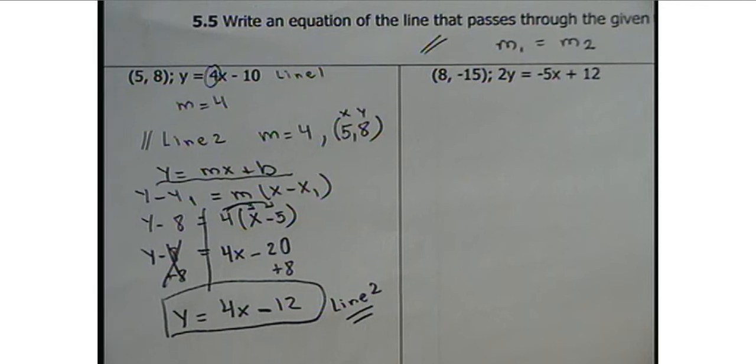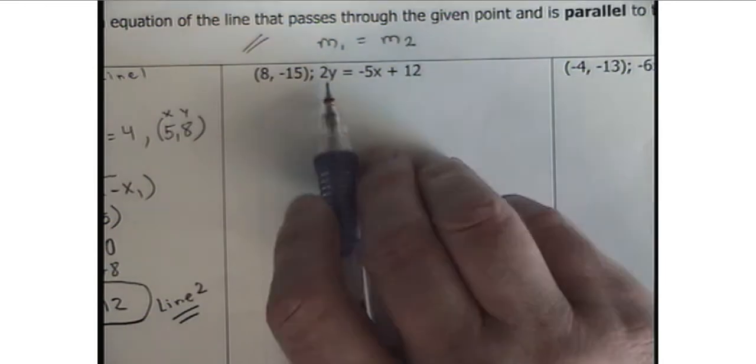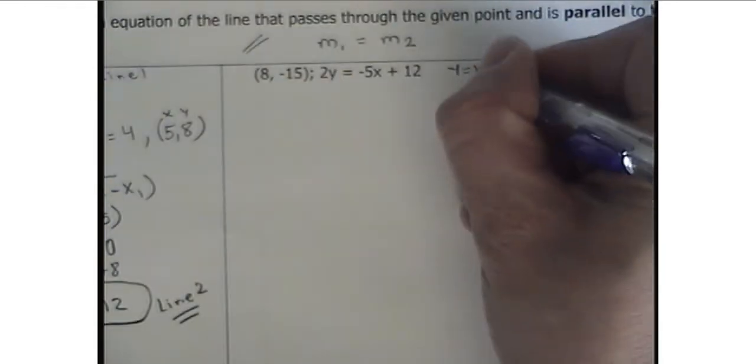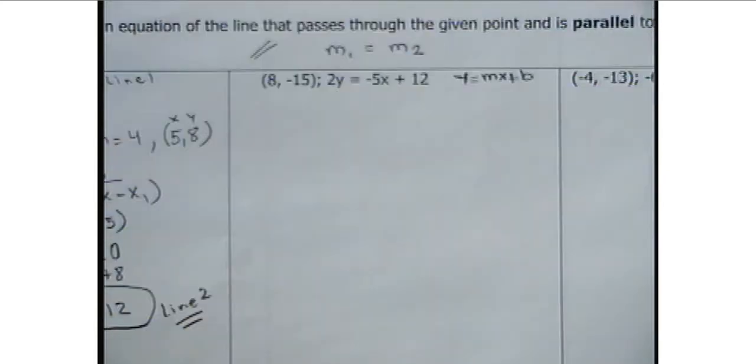We're going to move on to the next example to take a look at what is given. I have another equation and a point. The first thing I've noticed here is that my equation is not in y-intercept form yet. Y must be by itself on the left side in order to be in this form.